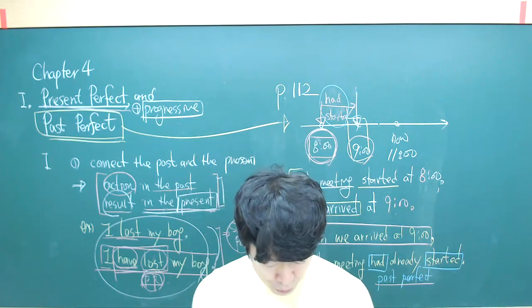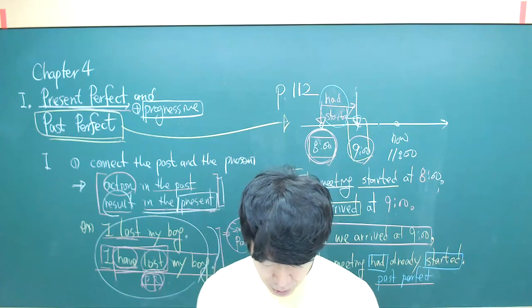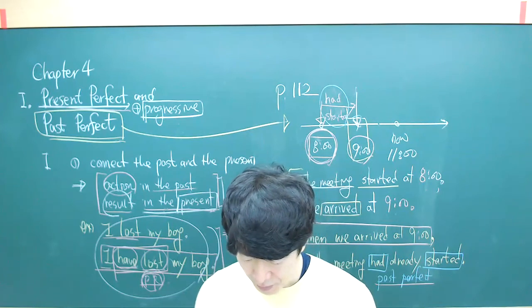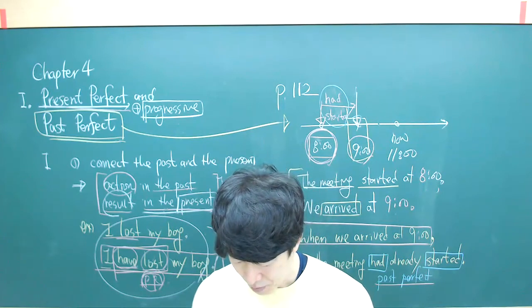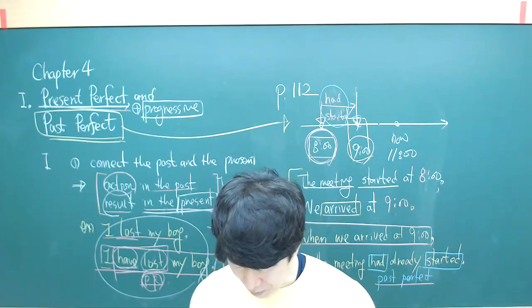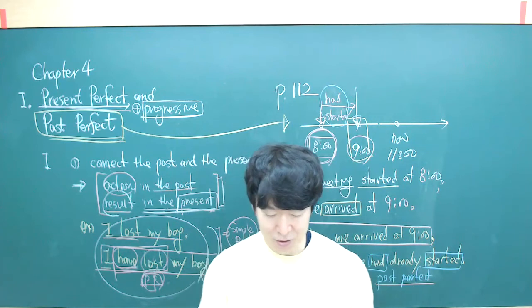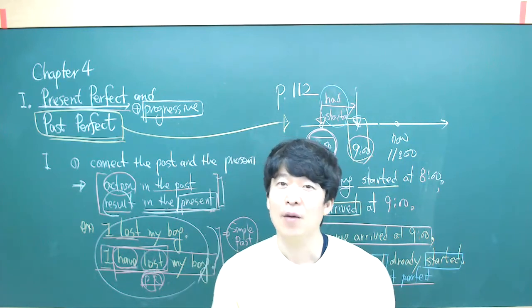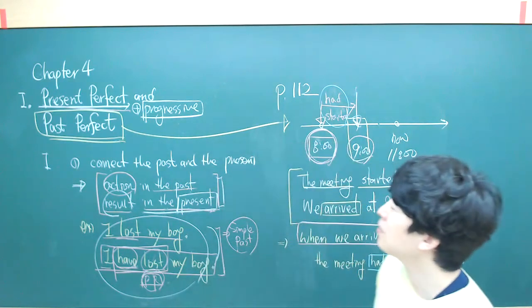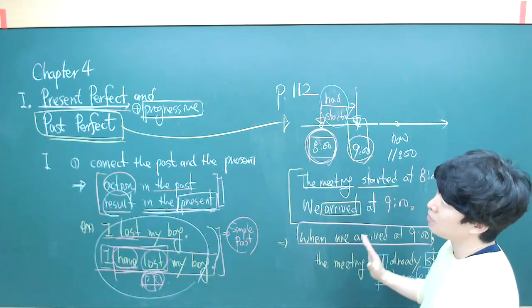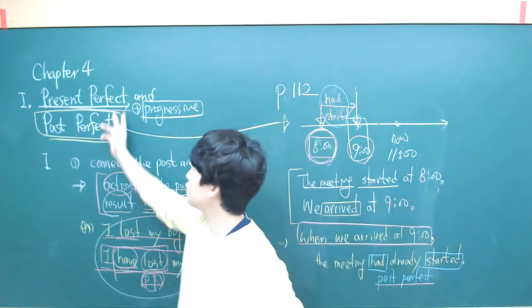So you can use exercises 35, 36, 37, 38, 39, up until page 119. Yes, there are many examples and exercises you can practice yourself and make yourself accustomed to the concept of these perfect tenses.